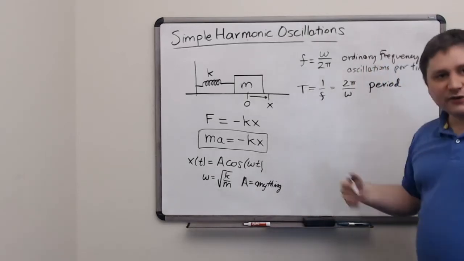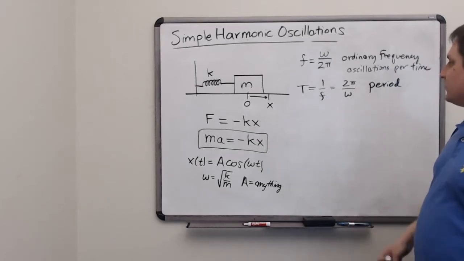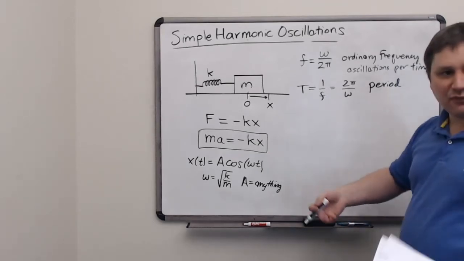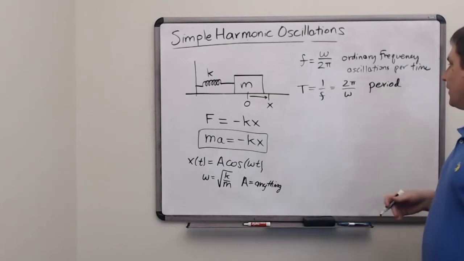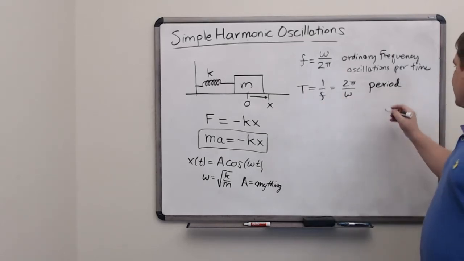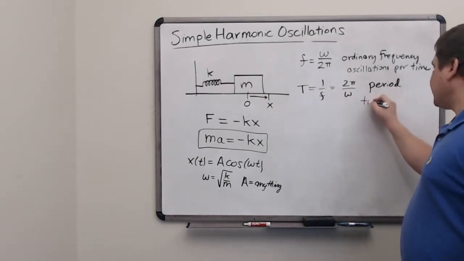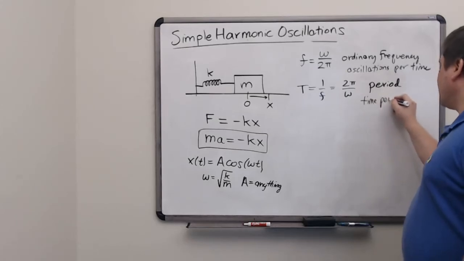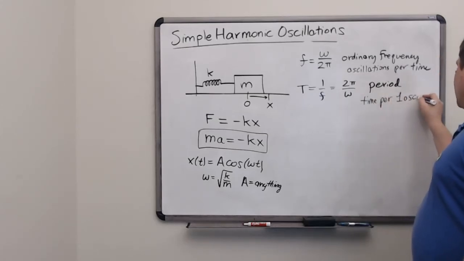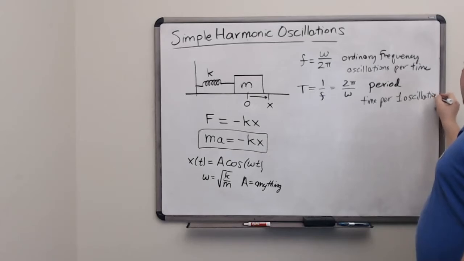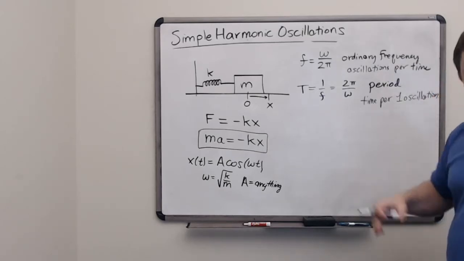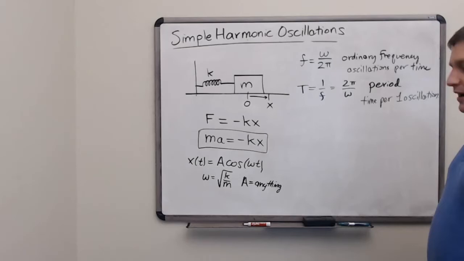All right, the other quantity which is easy to measure is to look at the oscillation and time with a stopwatch or something, how long it takes to complete one oscillation. That's called the period, and that represents really the time per one oscillation. So the period is a proper value measured in seconds, minutes, milliseconds, or something like that, which tells you how long one oscillation takes.